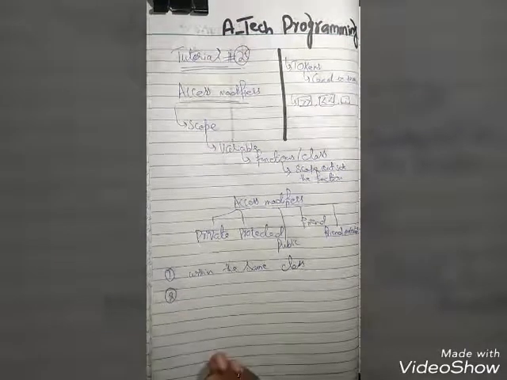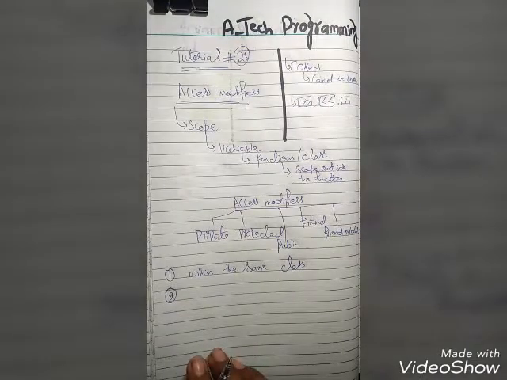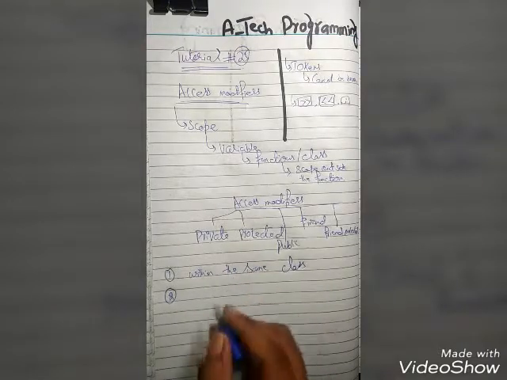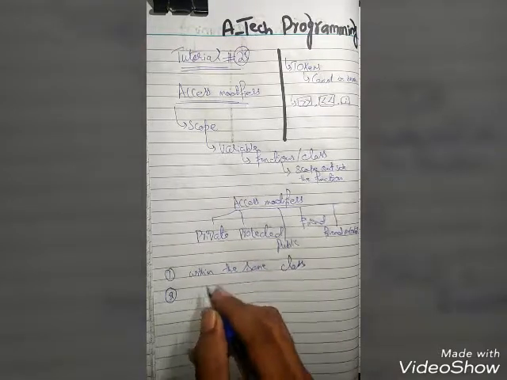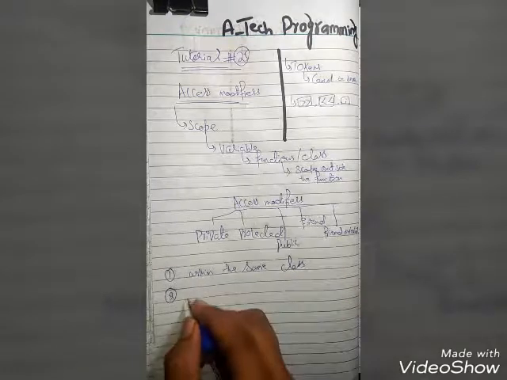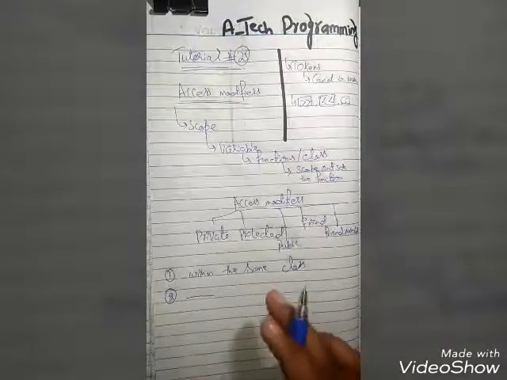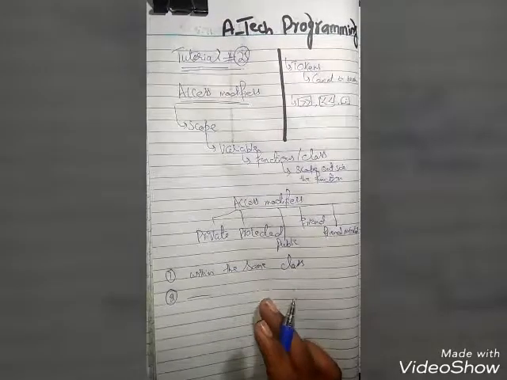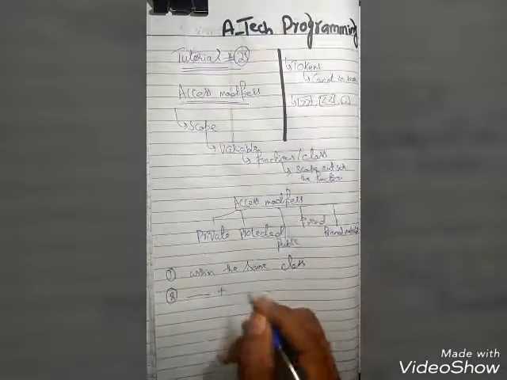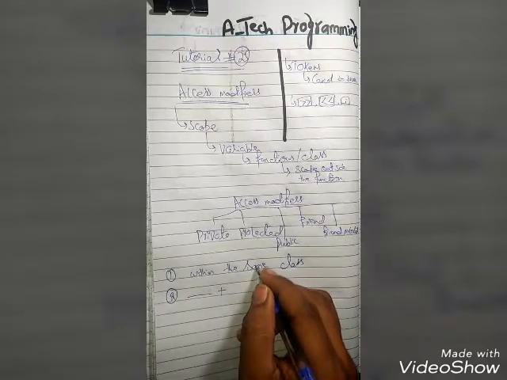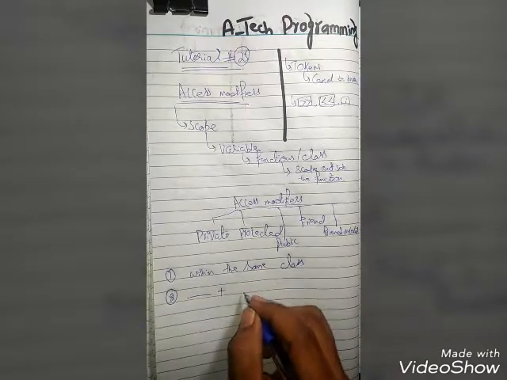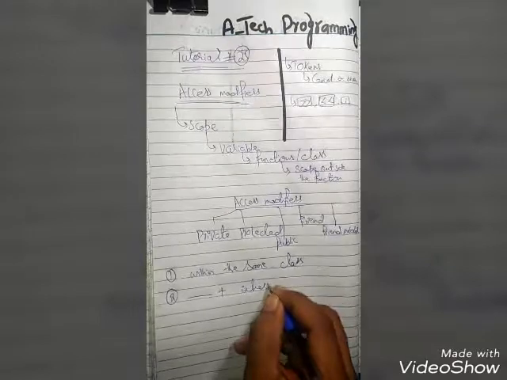Now the second thing, the variable declared protected, is accessible within the same class. I already told you everything is accessible within the same class or the same function, but it is also accessible outside the class, in the inherited classes.